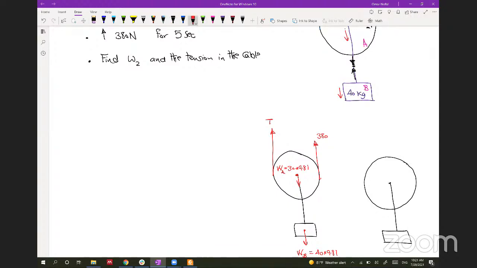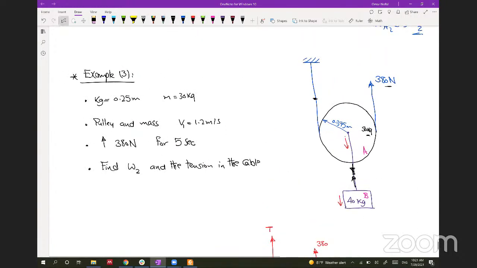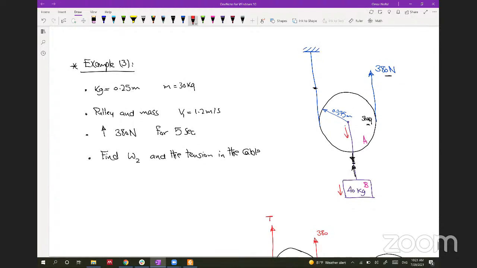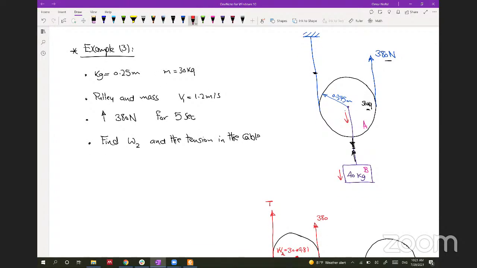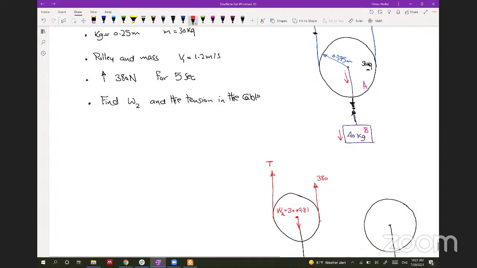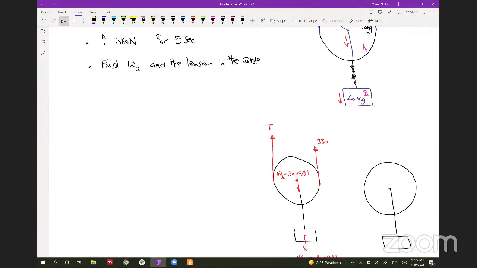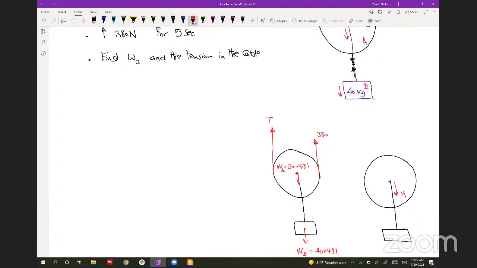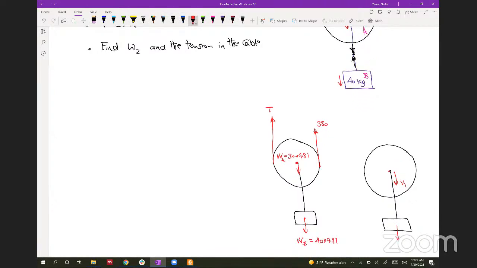Right. So this pulley is allowed to move in the vertical direction, and as a result, the mass B will move as well with the same velocity. So if the pulley is moving down V1, this mass will be moving V1.